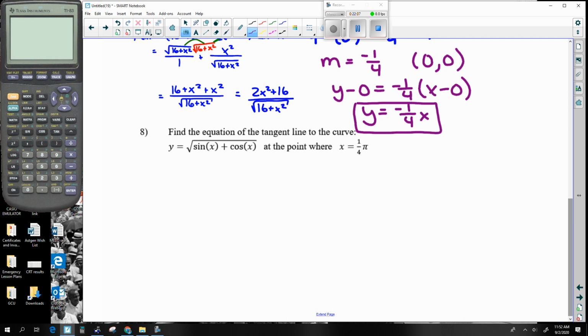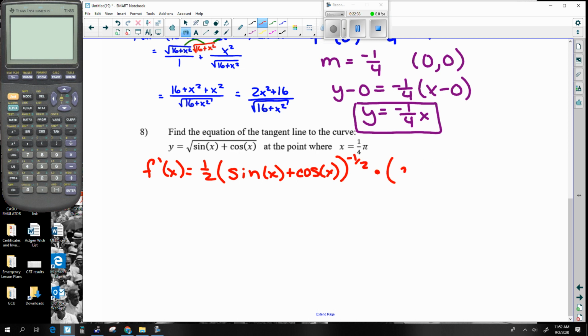Find the equation of the tangent line to the curve, and so on. So for the equation of the tangent line, I need to know the derivative. I've done enough of these, you understand the chain rule without me writing it every single time. It'd be a plus, but cosine goes to negative sine.